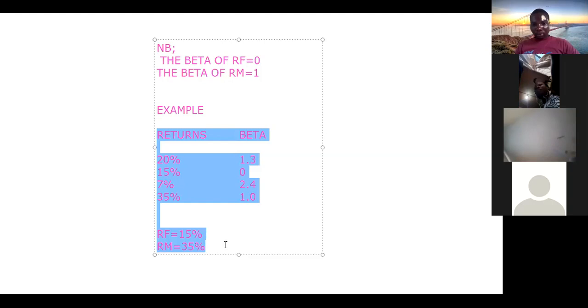Now, you want to use the table or the diagram or the graph there to solve for the required return. So from the diagram over there, we can say that our RF is equal to 10%.